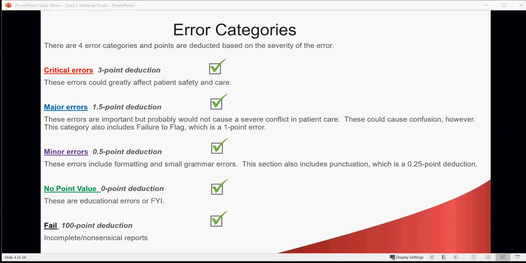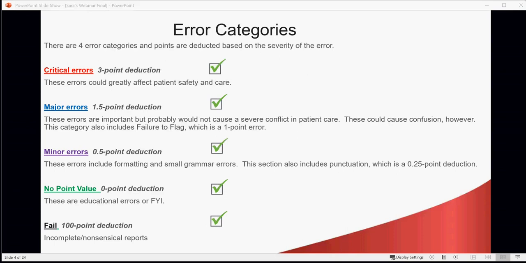Error categories. There are 4 error categories and points are deducted based on the severity of the error. And we will go over each one individually later. But for now, let's just get our categories straight. First of all, critical errors. These are a 3-point deduction.